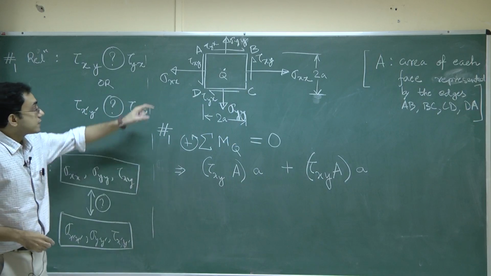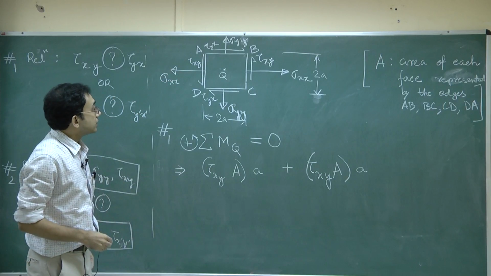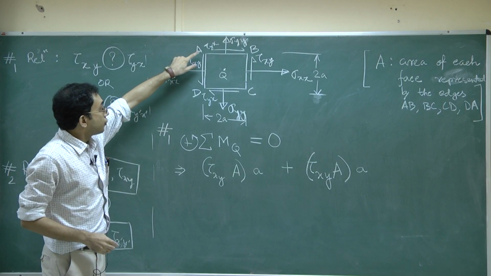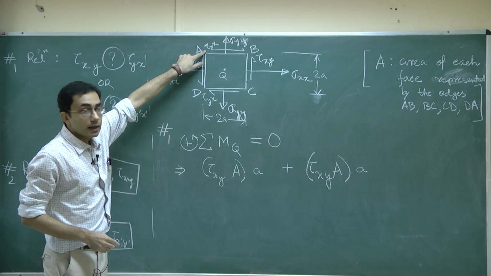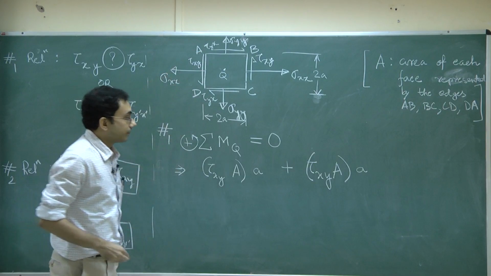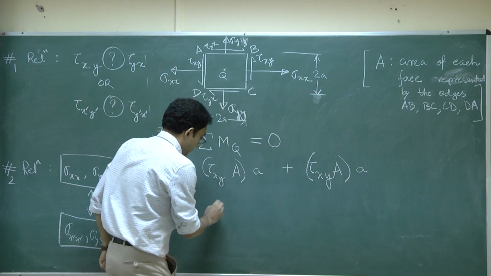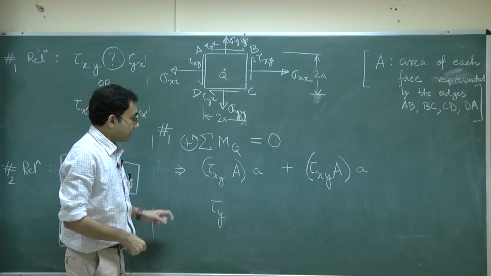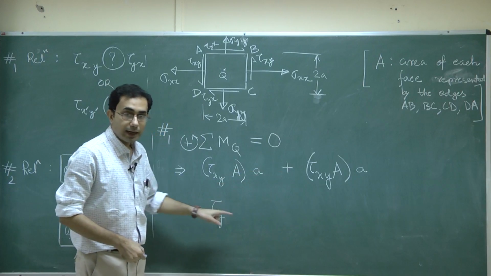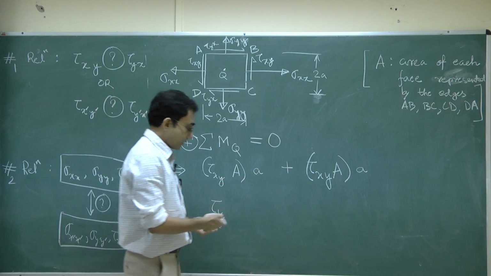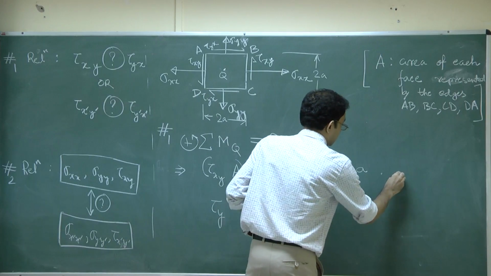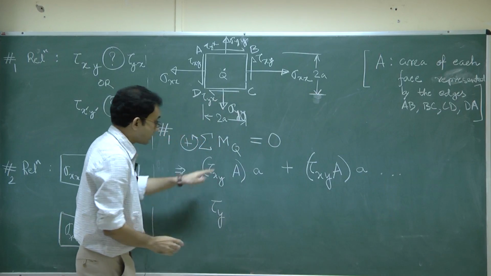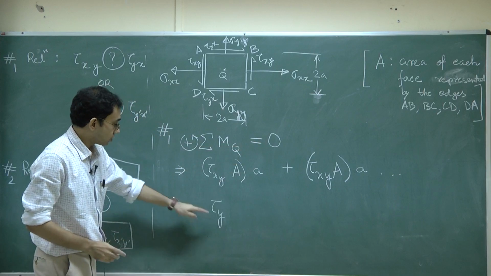Now next we consider the upper face AB. There the force is contributed by this tau yx. So we write that down, tau yx. Please note that I am writing this in the same line; I have just run out of space there, so I am continuing here.